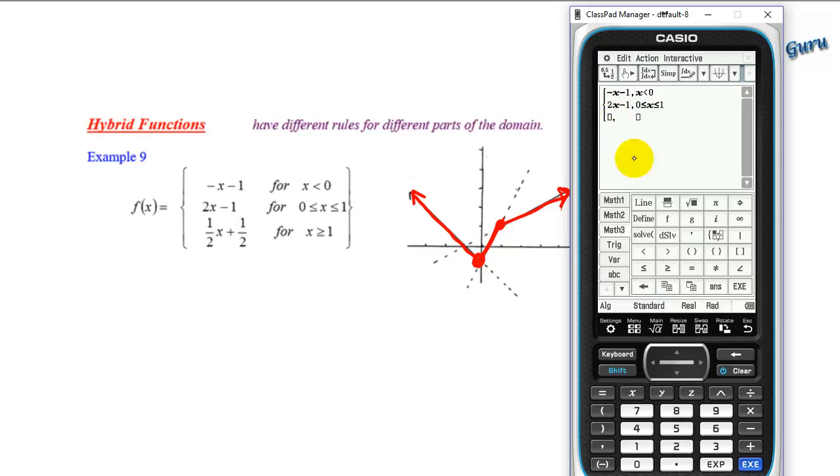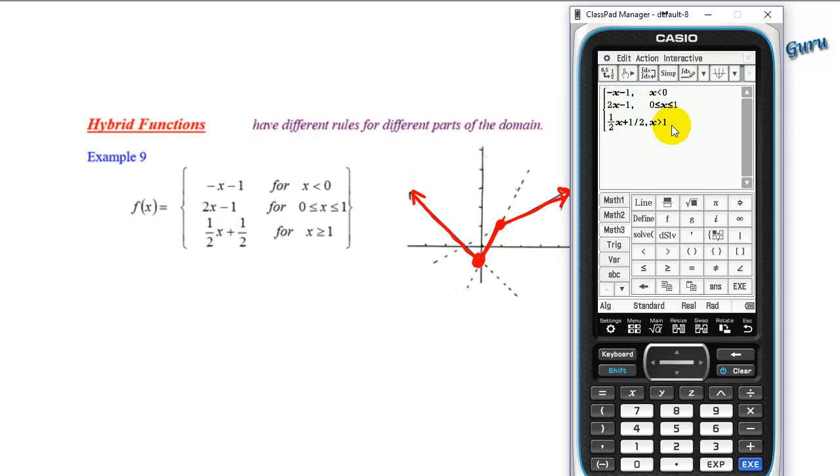And then here I've got a half x, so click that, 1 on 2, x plus 1 divided by 2, and that's for x is greater than 1.